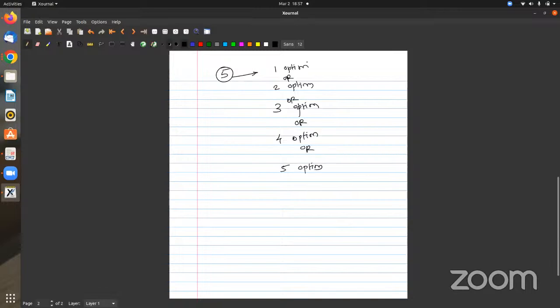In how many ways can a student select one option out of the 5? There are 5 options, right? And in how many ways can a student select 2 options?